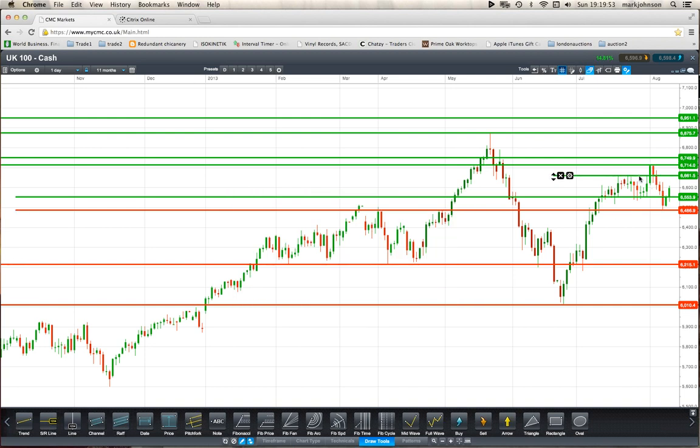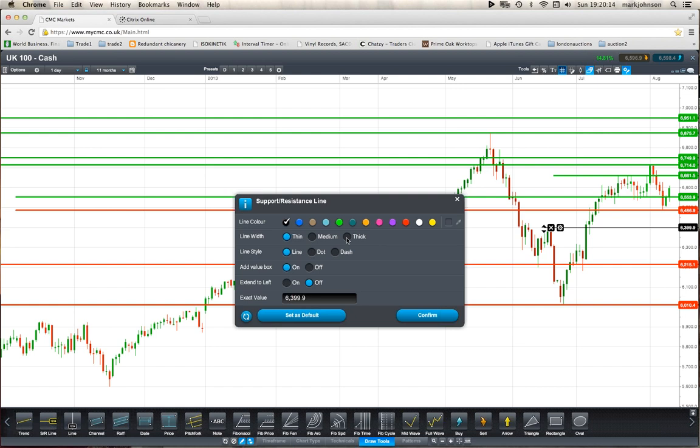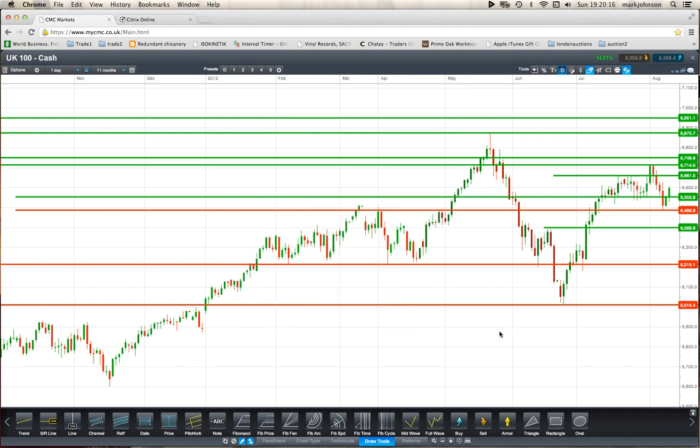So again, my weekly, monthly, daily highs are all the same thickness and the same green for resistance, red for support. So here we've got a high there, green, thick.